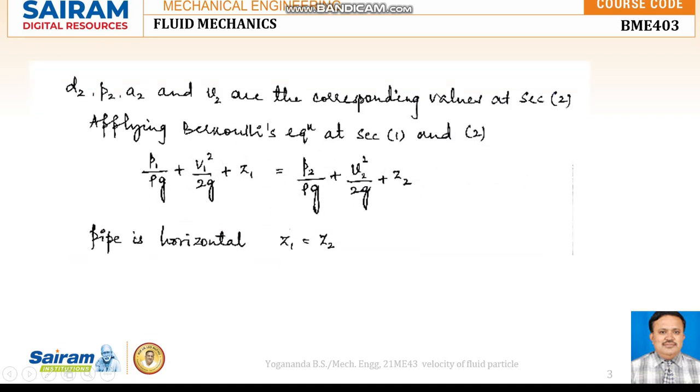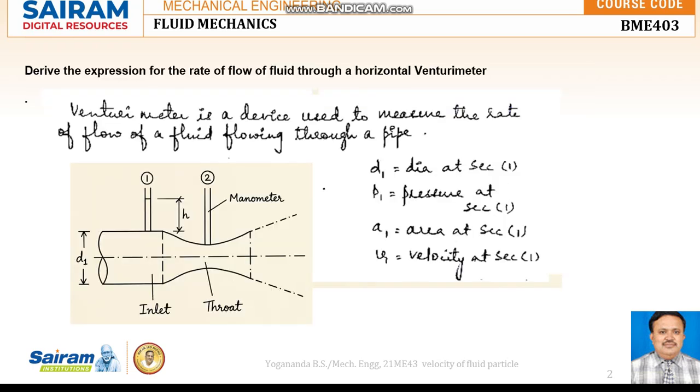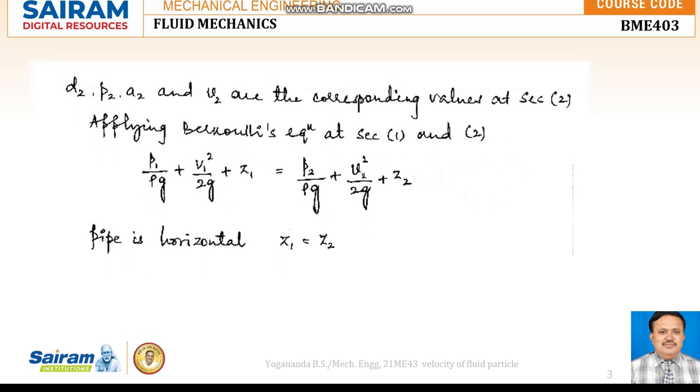Now D2, P2, A2 and V2 are the corresponding values at section 2. That is, D2 is the diameter at the throat, P2 is the pressure at the throat, A2 is the area at section 2, and V2 is the velocity at section 2.